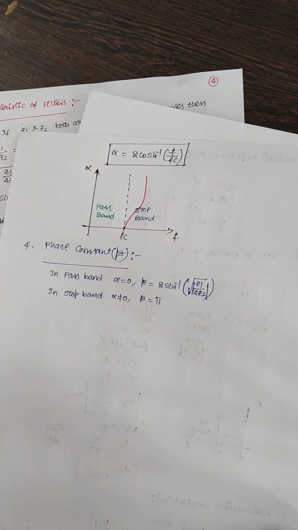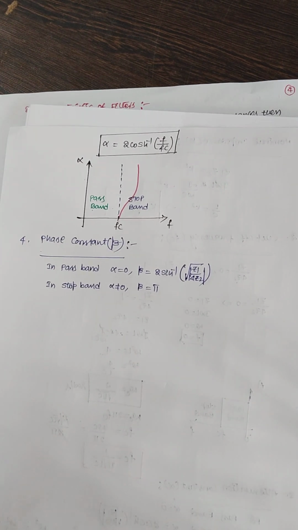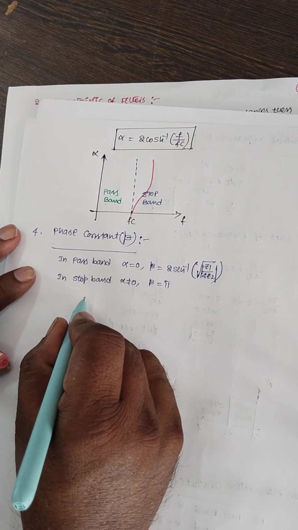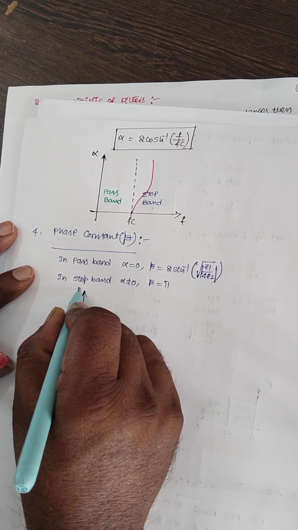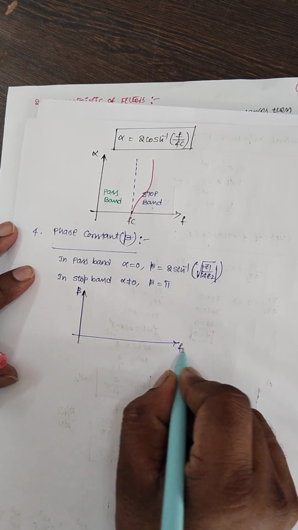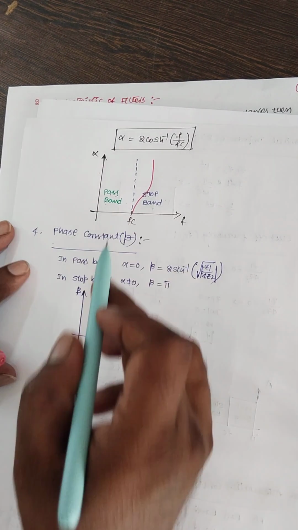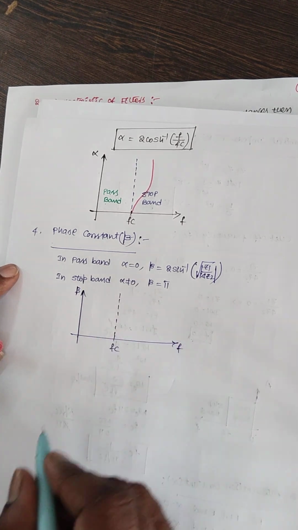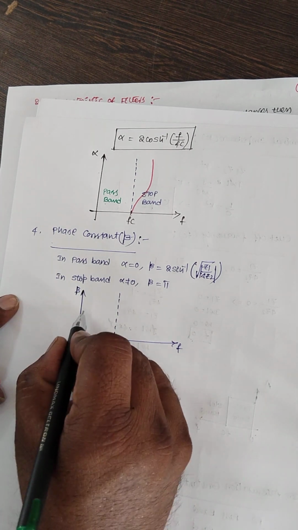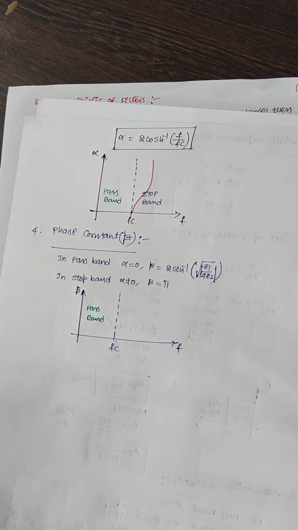Use these expressions and draw the graph between beta versus frequency. I am taking beta on the y-axis and frequency on the x-axis. The cutoff frequency is fc. To the left of fc is the pass band, and beyond it is the stop band.